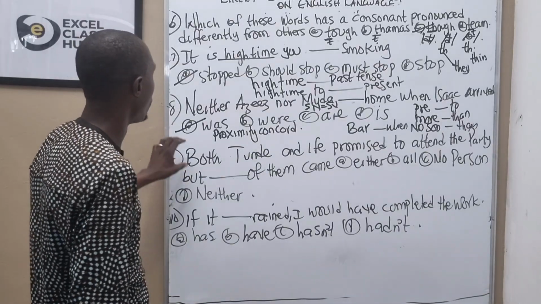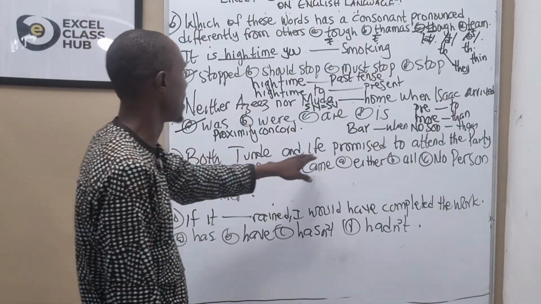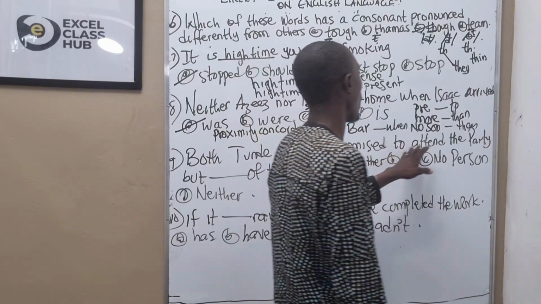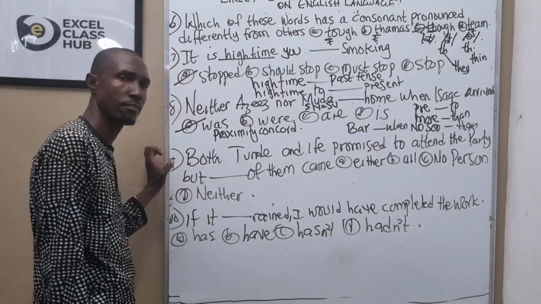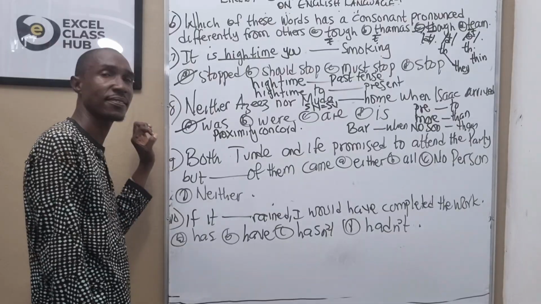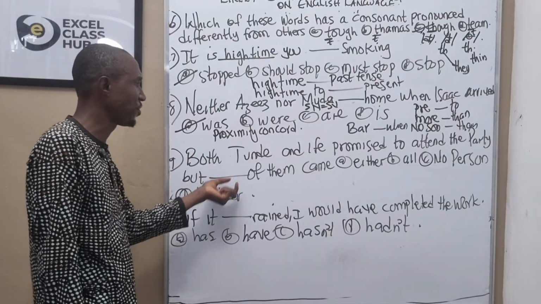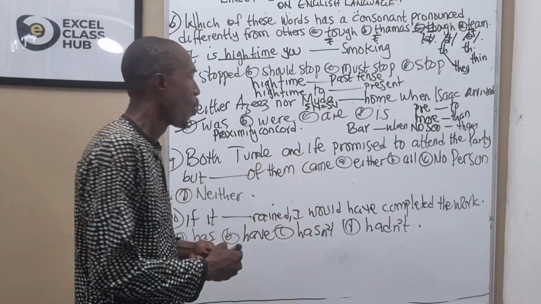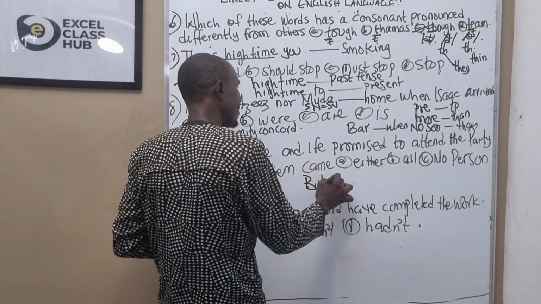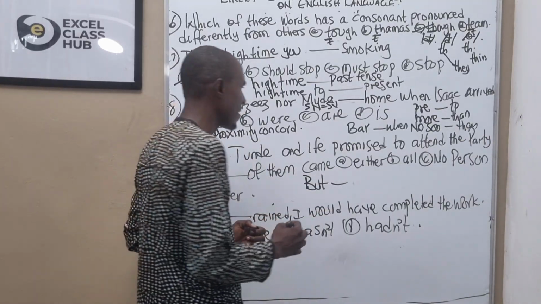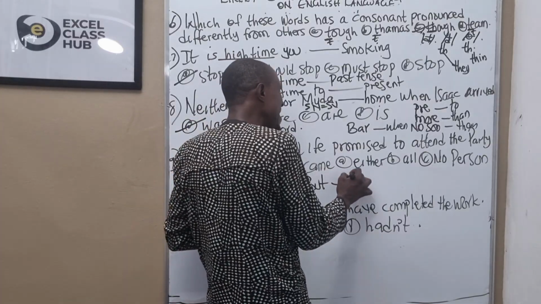Number 9. Both Tunde and Ife promised to attend the party, but dash of them came. It's a conditional statement. Whenever "but" is used in a sentence, it mostly connotes negativity.